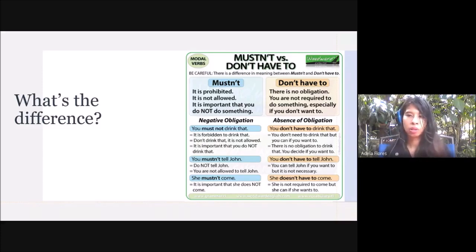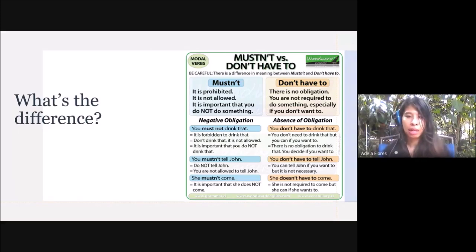Ambas oraciones son similares, pero mientras que you must not drink that significa que está prohibido que se tome eso o que no está permitido o que le están diciendo que es importante que no se lo tome. Por otro lado, tenemos you don't have to drink that, que significaría algo así como, no, no te lo tenés que tomar. Así como, si querés te lo tomas, pero si no, nadie te está obligando. Okay, so that is the difference between both.